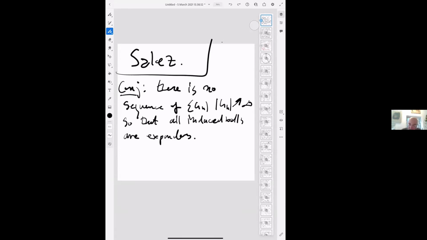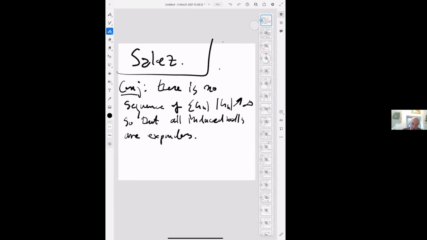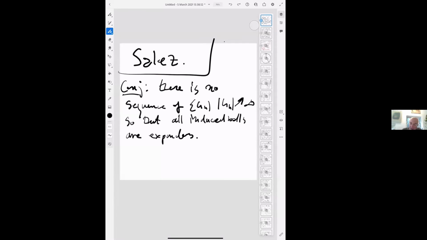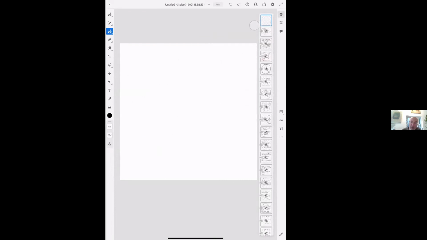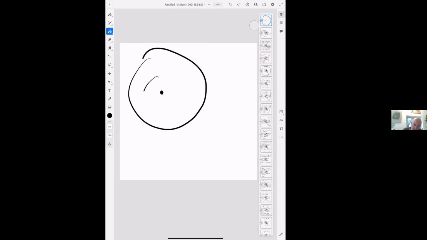So I want to exclude this, and here is a strategy. First of all, I'm happy to relax to: there is no sequence of graphs in which all the links are uniform expanders. And what is a link? If I have a graph and a vertex, I look at the ball of radius r, then I look at the boundary of the ball, and I look at the induced graph on this boundary.